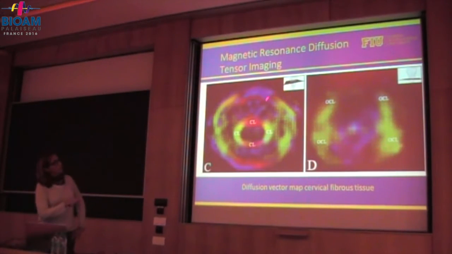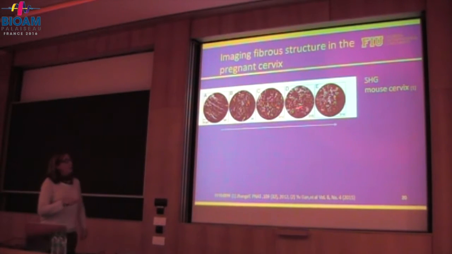If you do cross-sectional imaging, you can start seeing the orientation of this bundle of fiber across the OS. So this is the vaginal canal and the OS right there. In the mouse model, furthermore, people have shown how the arrangement of collagen really dissipates during the various days of gestation.